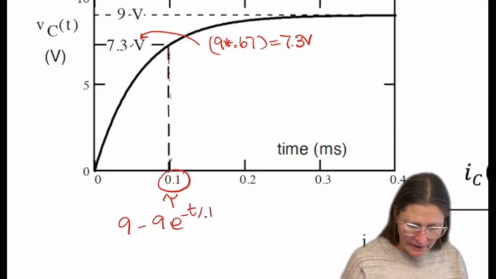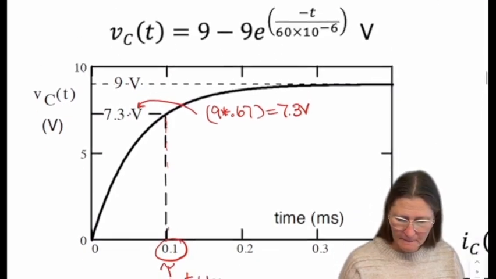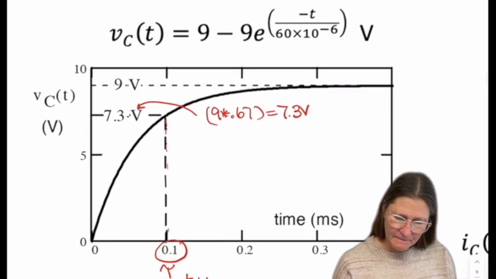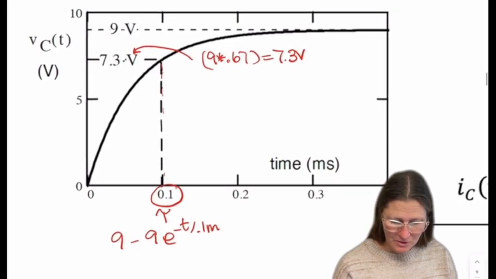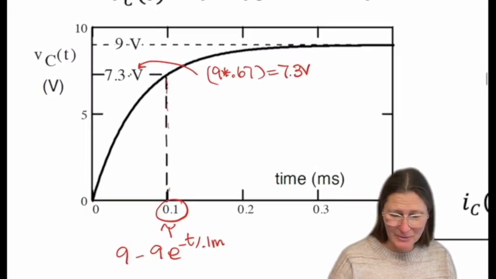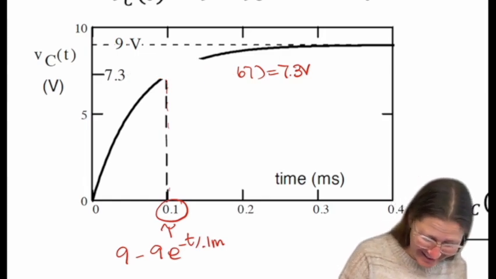Oh, is it not? Okay, it's not 0.1. Oh, no, the 9 times 0.67 isn't equal to 7.3. Okay, that's why. Thanks.